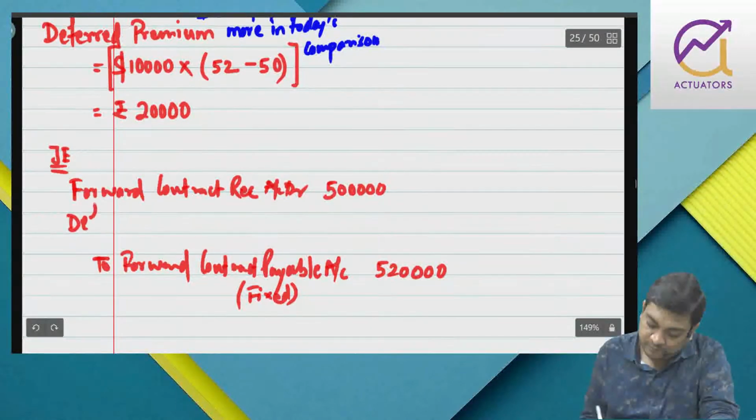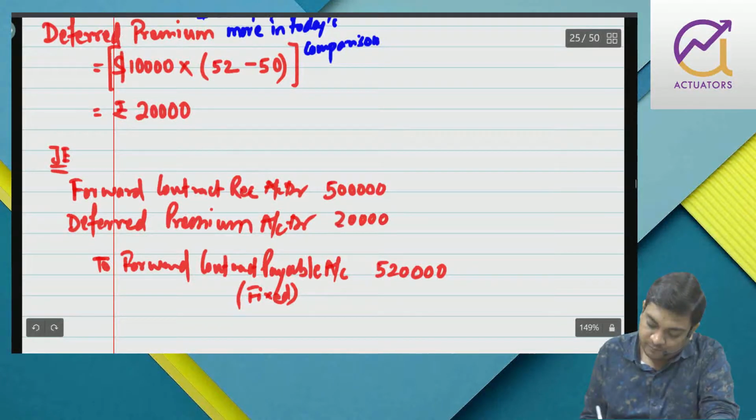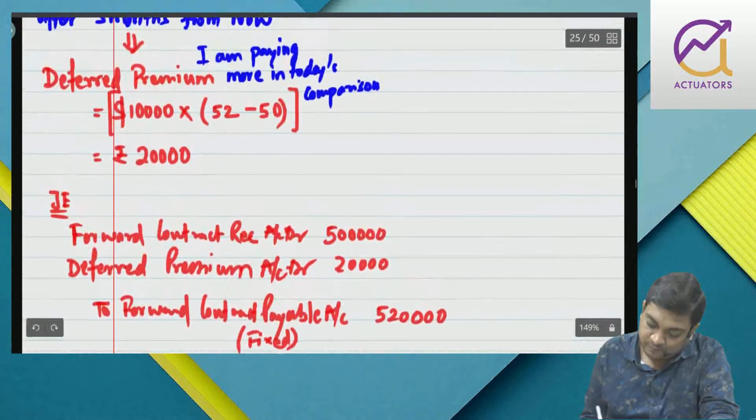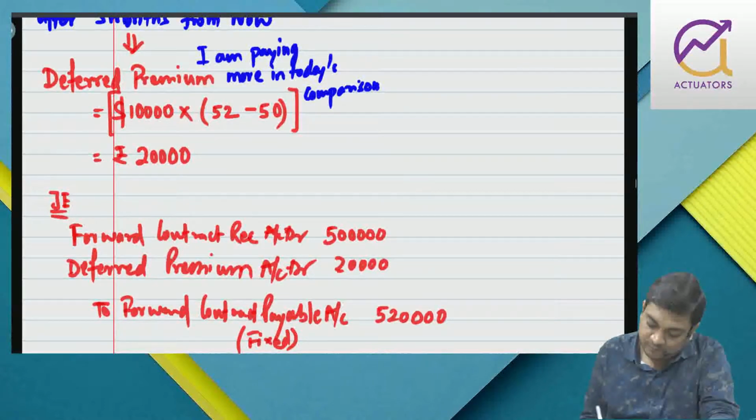So the difference will be your deferred premium account, 20,000. Is that fine?